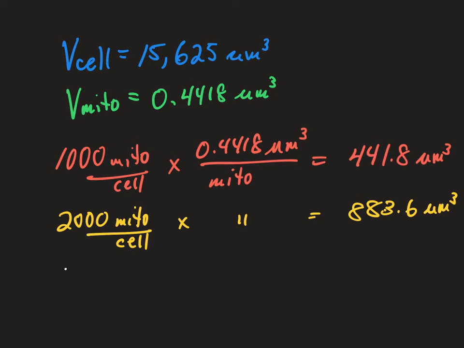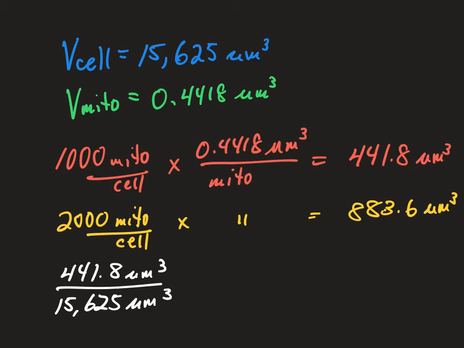So if we take that 441.8 cubic micrometers, divide that by the 15,625 cubic micrometers, times 100% to make it a percentage, we end up with approximately 8.3% of the cell's volume is mitochondria.